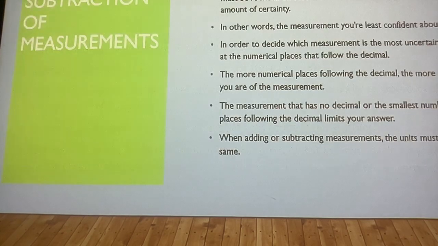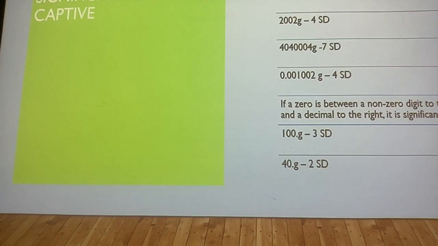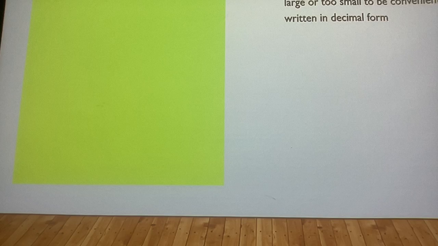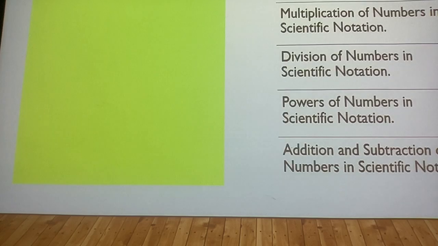Well, there's uncertainty and all that. We're gonna skip all that. That's for your lab class. Multiple different measurements, that's significant figures. There we go. Scientific notation.